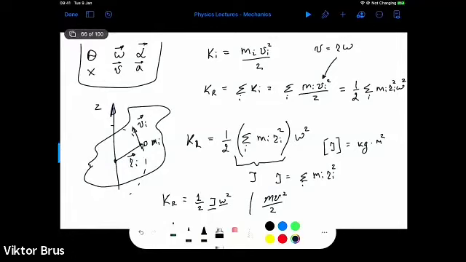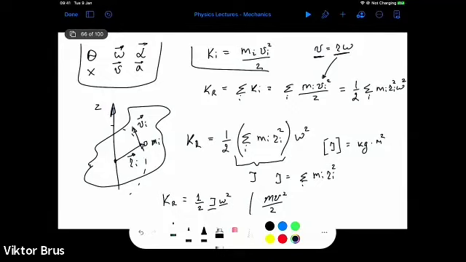So here is the kinetic energy of a small part of the rigid body, which moves together like a part of the rigid body. Then we substitute the value for linear velocity as a product of the radius, the distance from the axis of rotation to this small part of the rigid body, and the angular velocity.